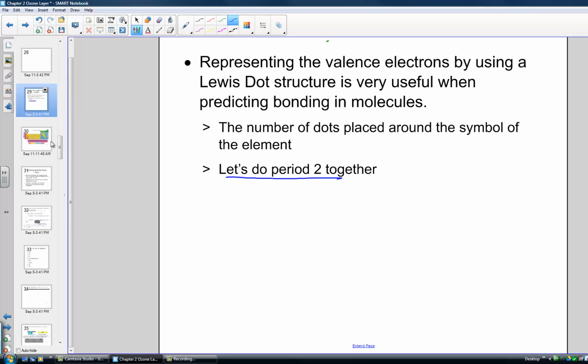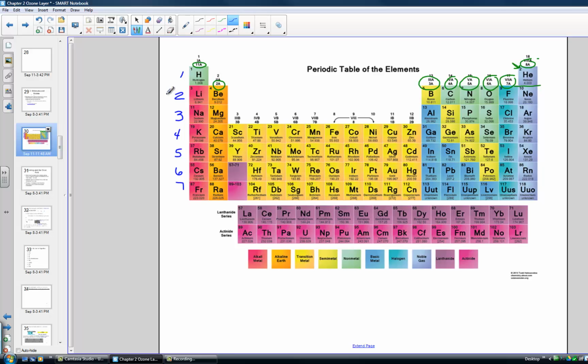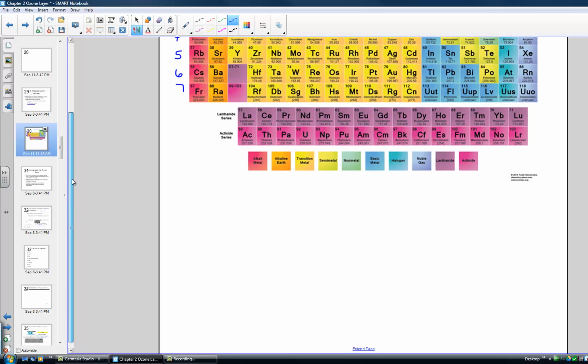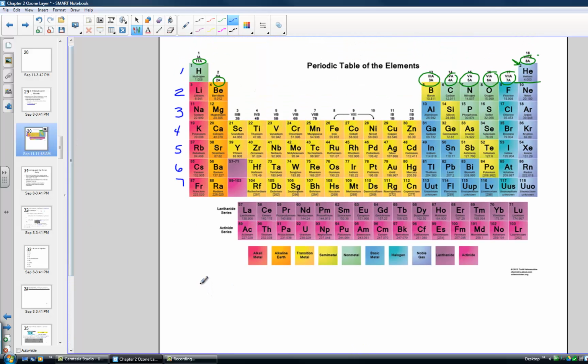So with your periodic table, again, just the same picture from before. Period 2 is the second row on our periodic table. If we consider lithium in group 1A, we would write its Lewis dot structure by writing its symbol and then a dot to represent its one valence electron.